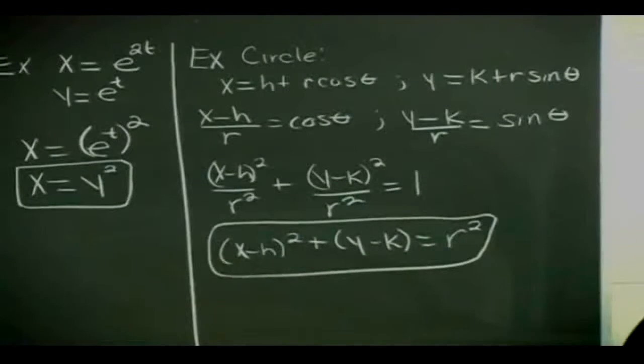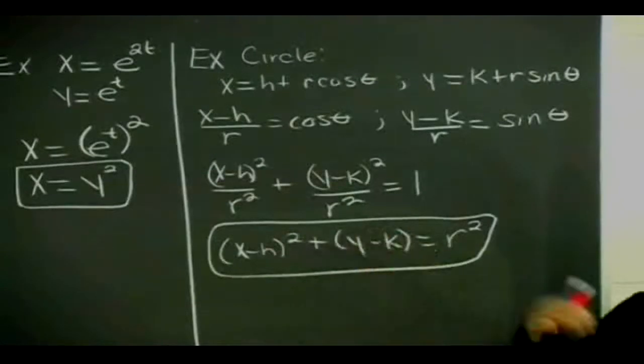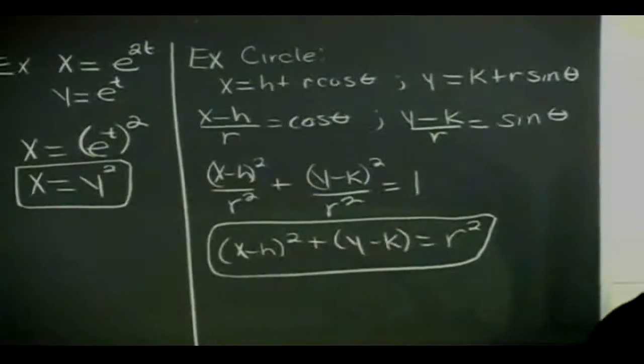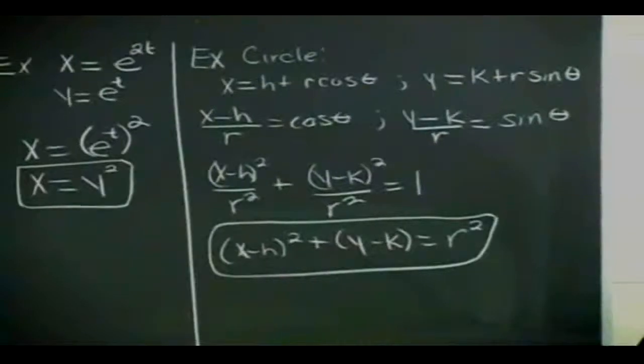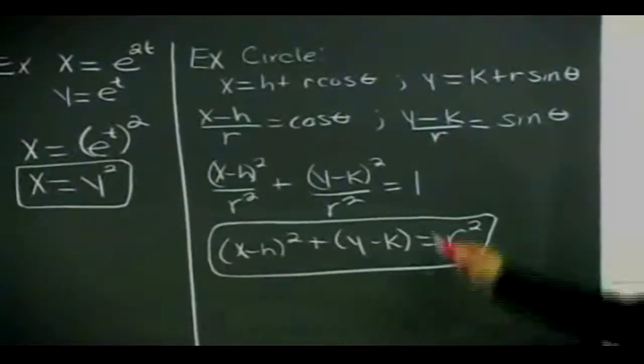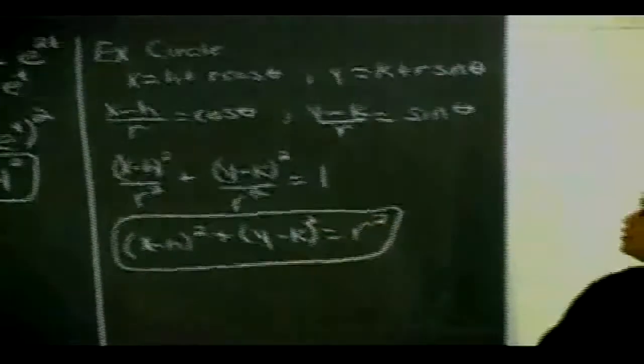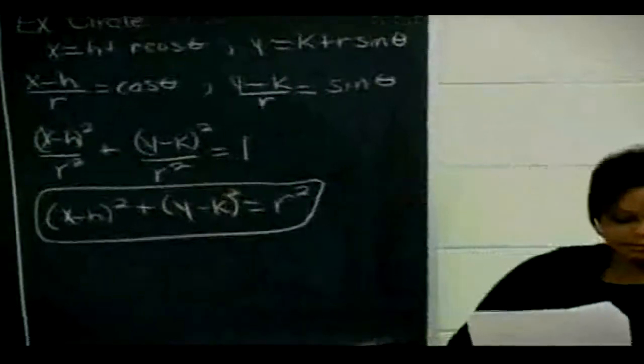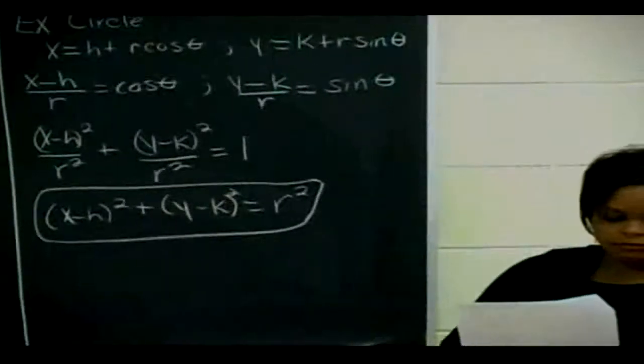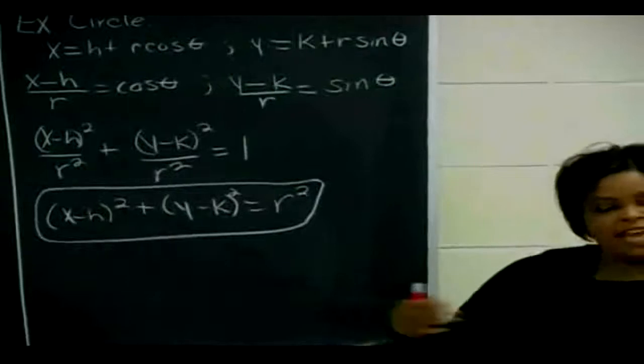Radius is the same. This is our center, (h, k). Yes, thank you. That should be squared. So, my set of parametric equations for a circle looks like that. So, now I know what that looks like.